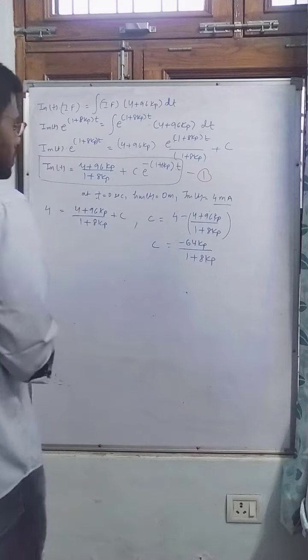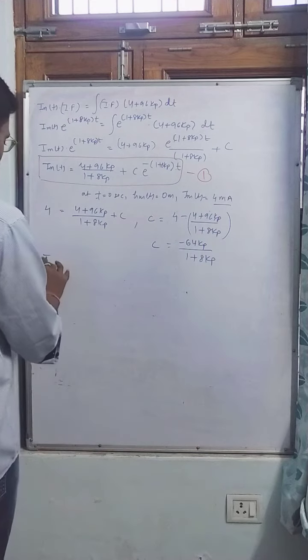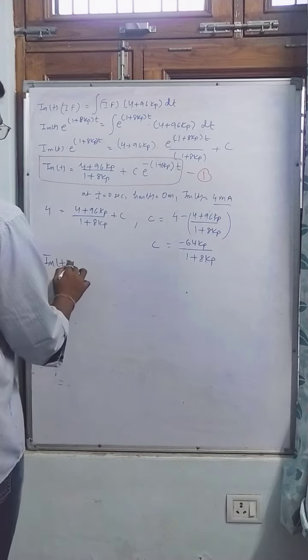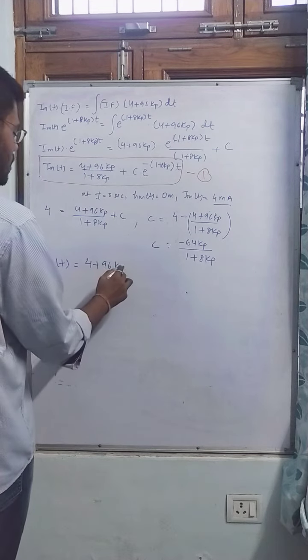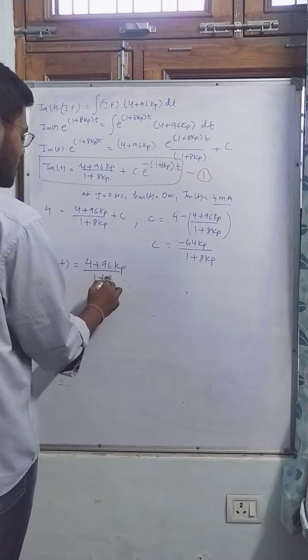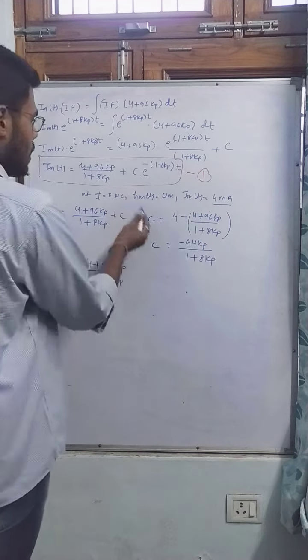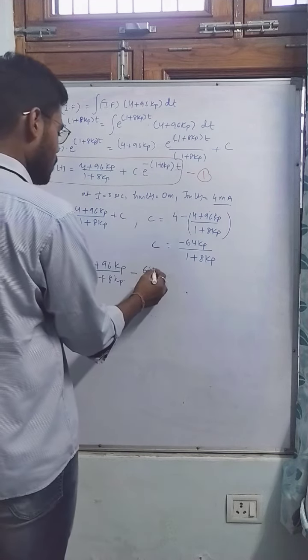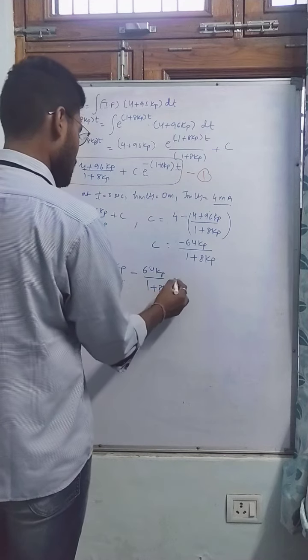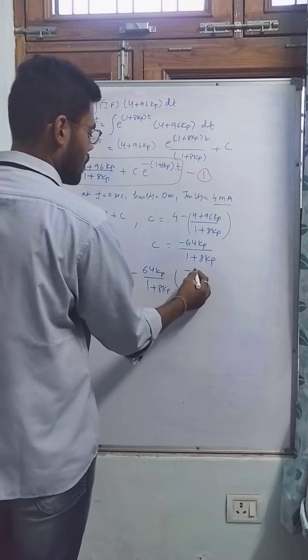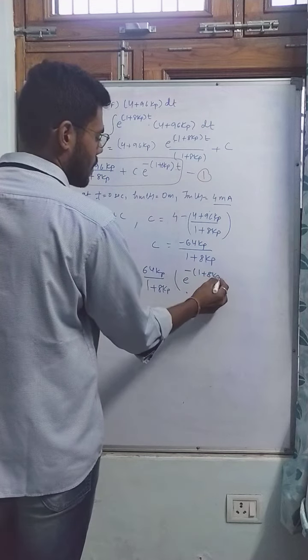Fine. So what we will get, IMT is (4 plus 96 Kp) by (1 plus 8 Kp), and what is the value of C? Minus 64 Kp by (1 plus 8 Kp) into e to the power minus (1 plus 8 Kp) t.